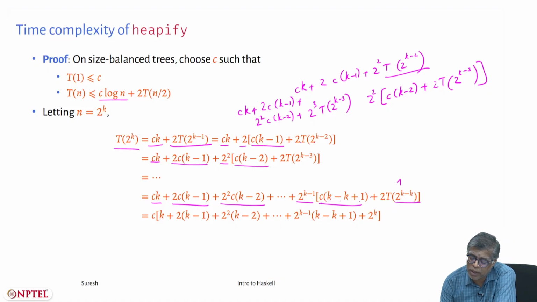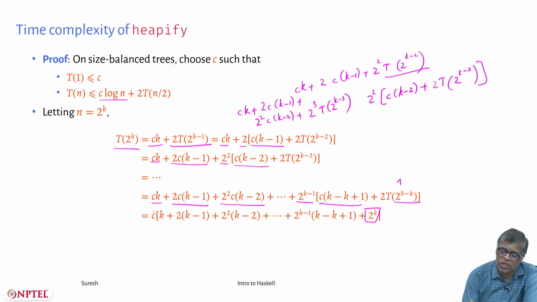This will be 2^(k-1), and you multiply it, that becomes 2^k. 2^k times T(1) is 2^k c, that is this 2^k here. And c is the common factor which I have taken out.